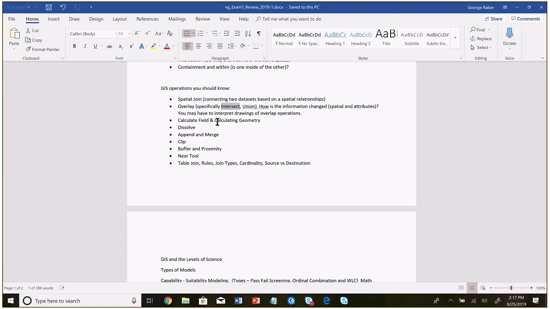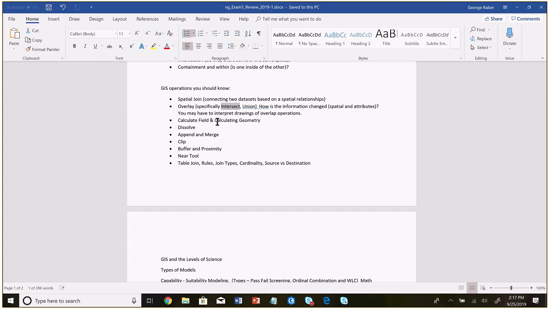You should be able to identify why you would do a dissolve. Really, a dissolve is all about summarizing data, right? You're dissolving common boundaries and creating a new feature, and you get to choose what features get put together.